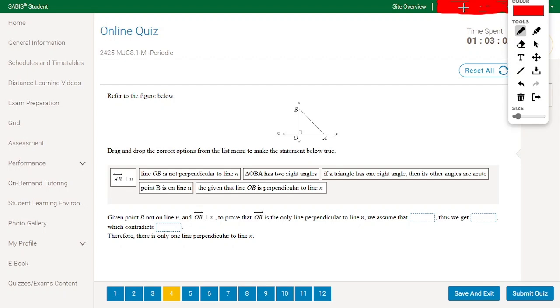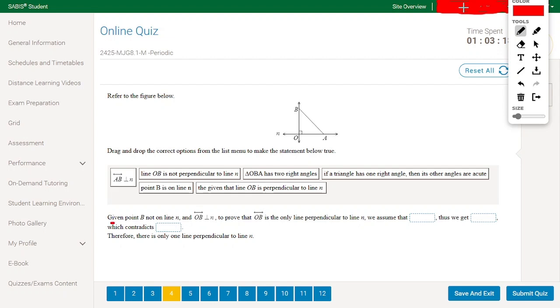Refer to the figure below. We have this figure, a triangle, and two lines are perpendicular to each other. Drag and drop the correct options from the list menu to make the statement below true.